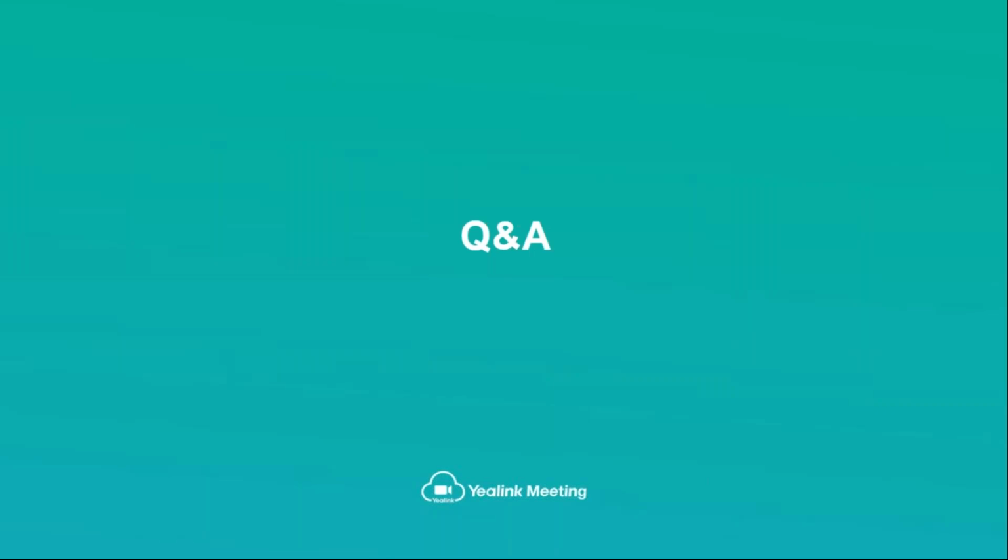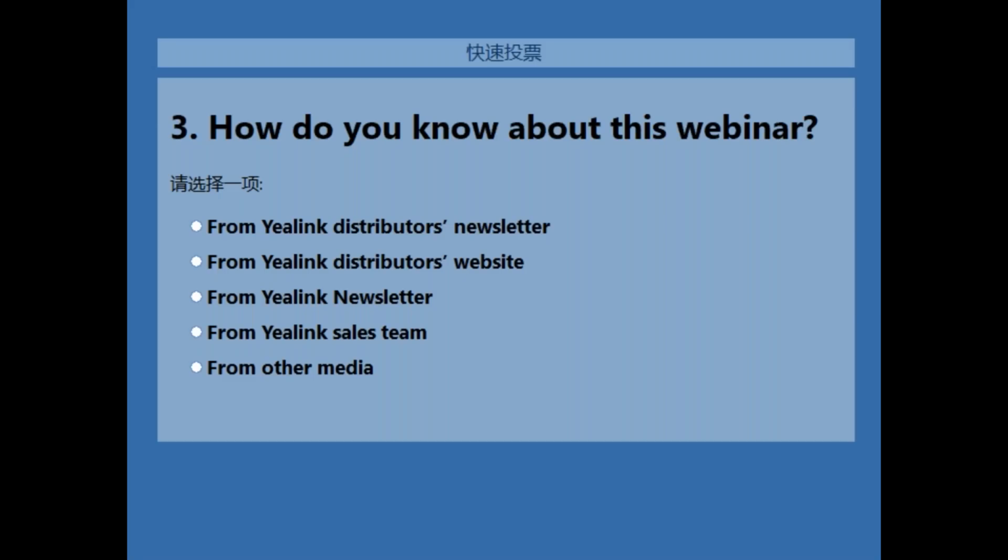Third question: how do you know about this webinar? From the Yealink distributor newsletter, from the Yealink distributor website, from the Yealink newsletter, from the Yealink sales team, or from other media channels.